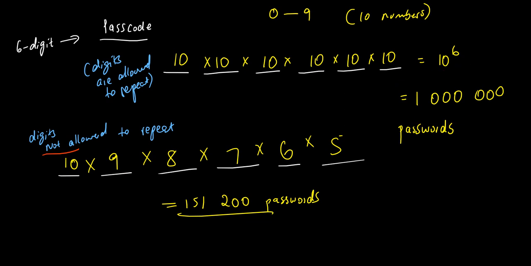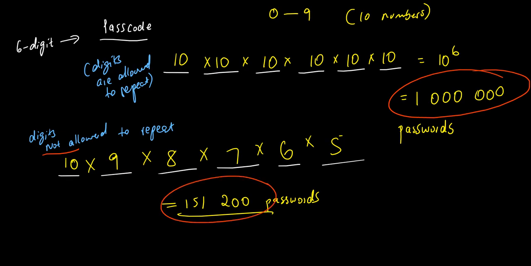and the total number of passwords that are possible is 1 million. So if we say 1 million minus 151,200 passwords, the answer that we're going to get is the passwords with repeating numbers. And get it, these ones are passwords without repeating numbers. If you want to know how many passwords have repeating numbers, because this one is just the total, it's all of them.